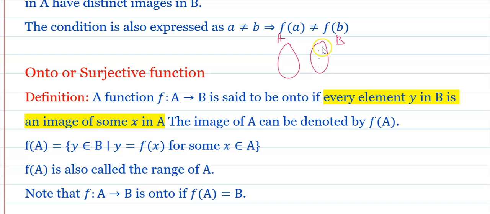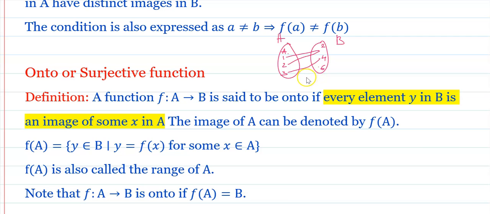This is the B set and the elements here are 2, 4 and 6. The elements of the set A, I will write here: 1, 2 and 3. Suppose the image of 1 is 2, the image of 2 is also 2, and the image of 3 is 4.